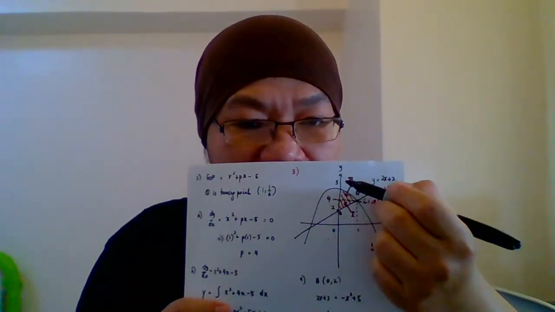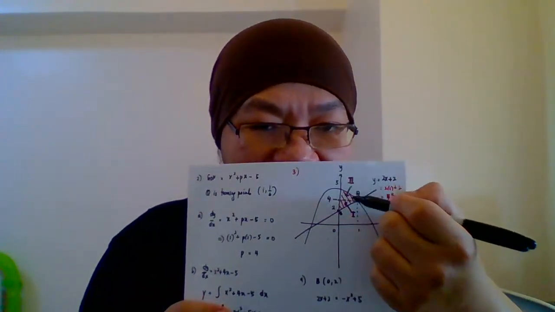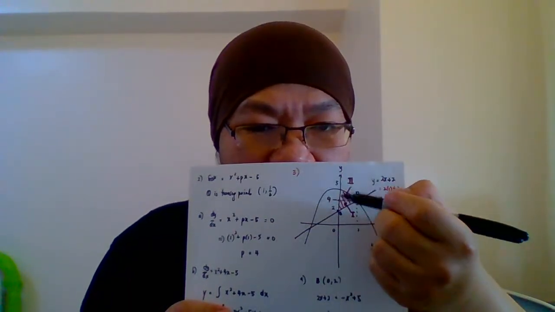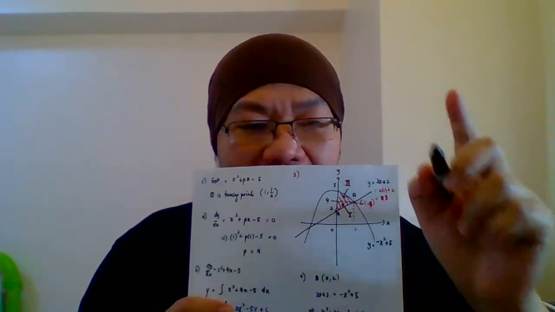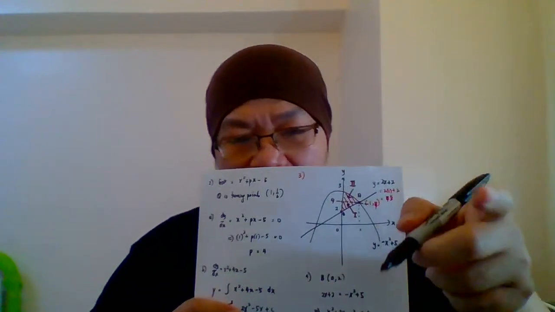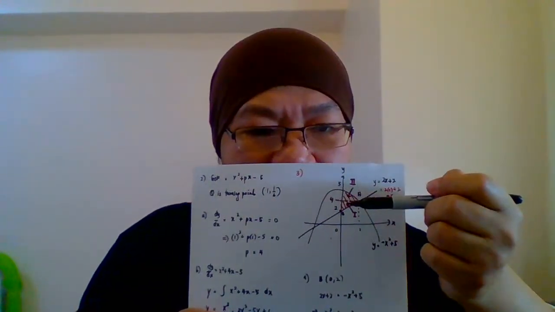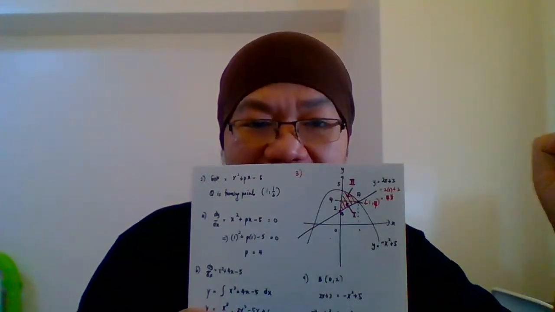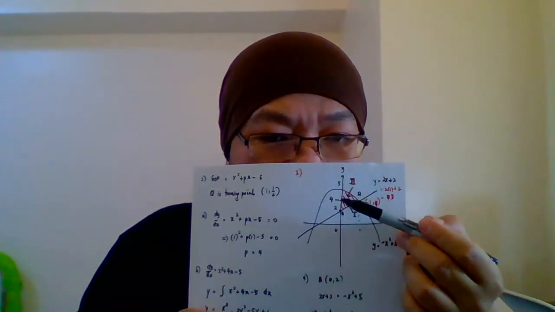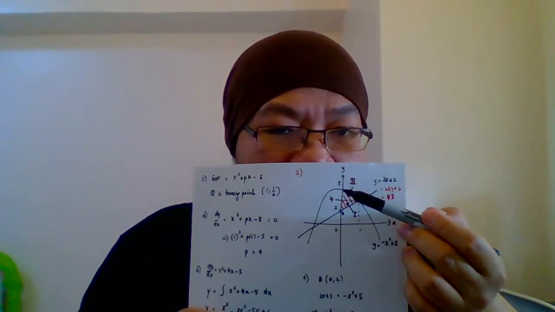Now, how about the second region? The second region is the curve itself. This shaded region is towards the y-axis, so we use the y-axis formula. How about the limits? The limits start from 4 until the top here, which is 5.